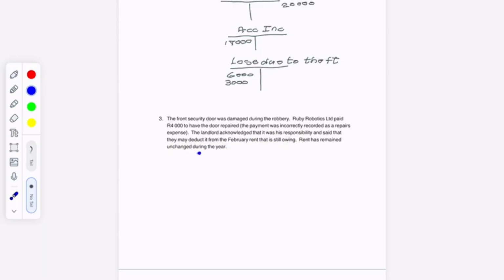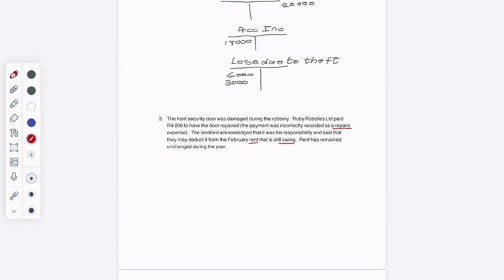Rent has remained unchanged during the year. So let's start by identifying the accounts. So the 4,000 Rand was recorded as repairs, but that was incorrect. Rent is still owing, so we've got an accrued expense there.